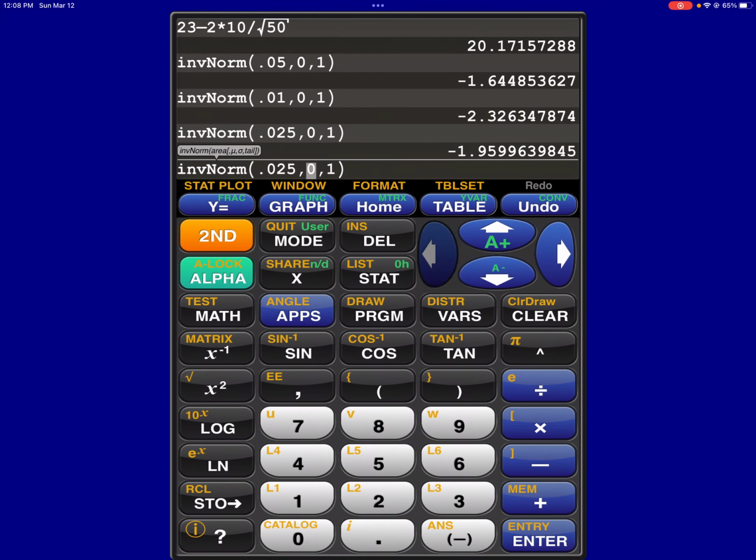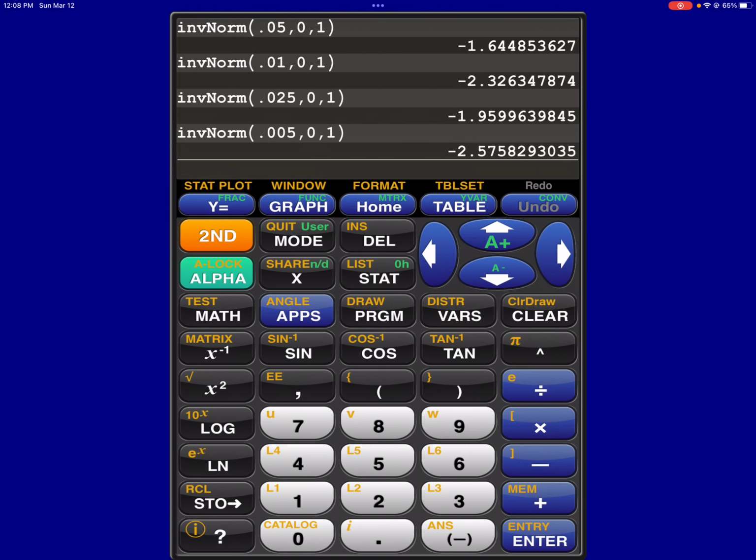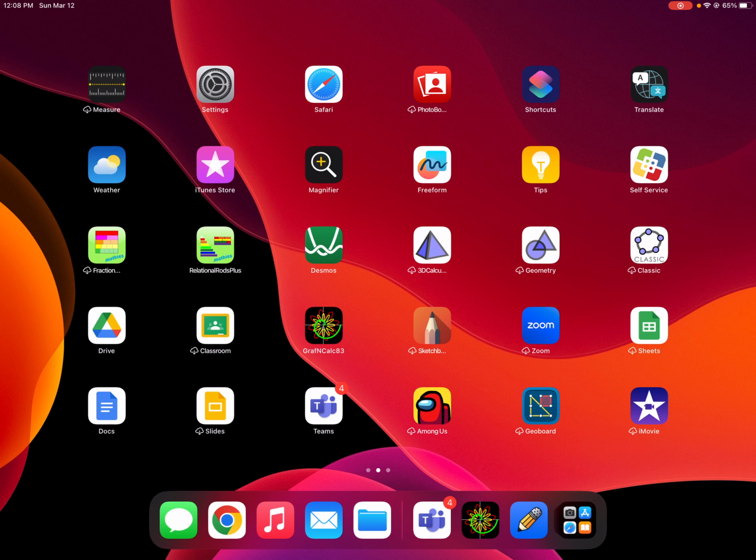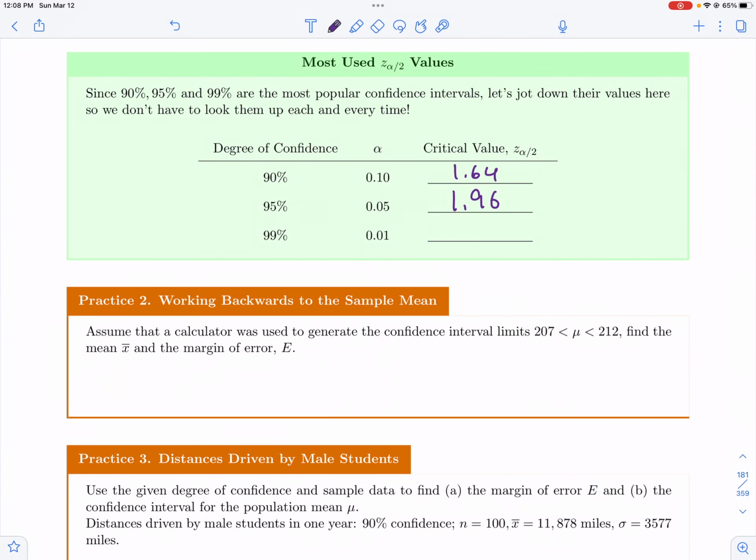So modifying this one, 0.005 gives us negative 2.56, or 2.58, sorry, 2.58. And again, you're more than welcome to look these up if you want to, but these are used so often, it's worth jotting them down and making sure you remember them.